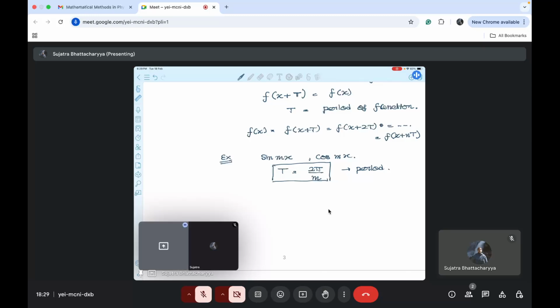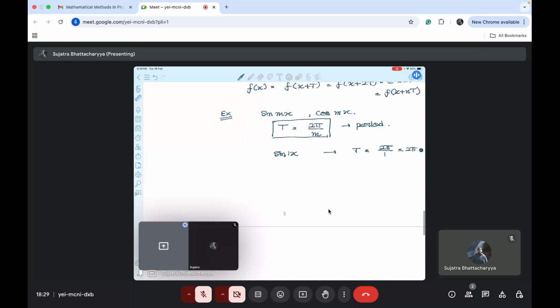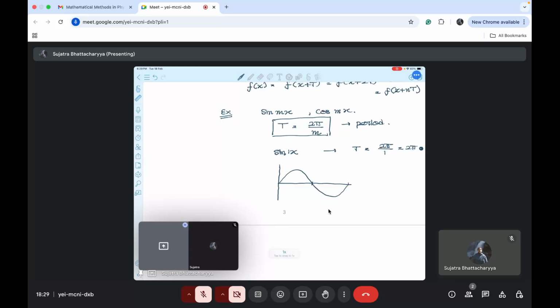All right. Now, if you are given sin x, what will be its period? Its period will be 2π/1, because n is 1 here. So it will be 2π seconds, or whatever the unit is. What does it represent? You have an oscillation like this, a simple sine wave. We know that at 0 it is 0, at π it is 0, and at 2π it is also 0.